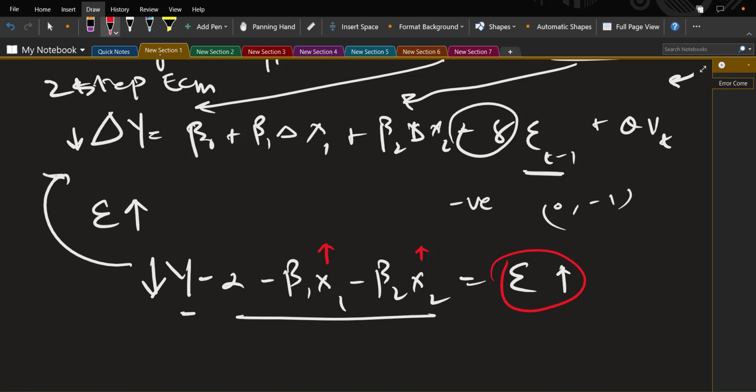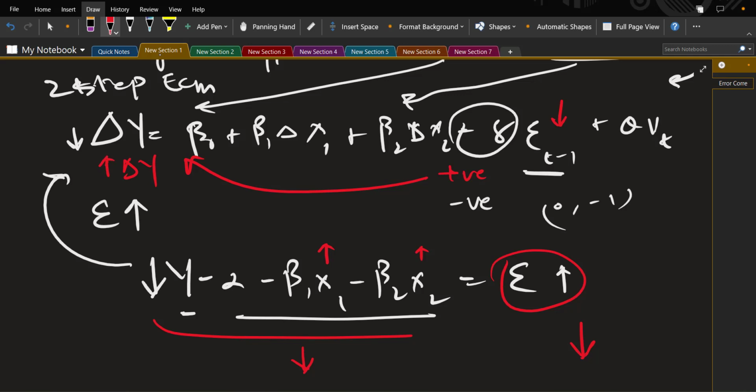So if they are increasing, this difference is falling, meaning the error term will be falling. So if the error term lag is falling, and the coefficient is negative, negative becomes positive. So it will lead to an increase in y.